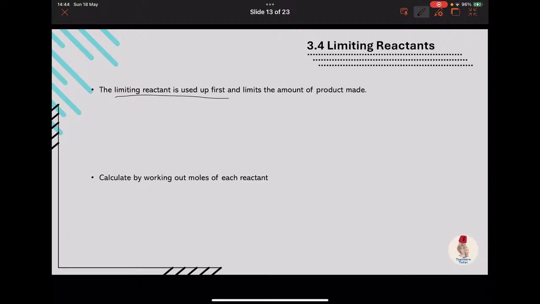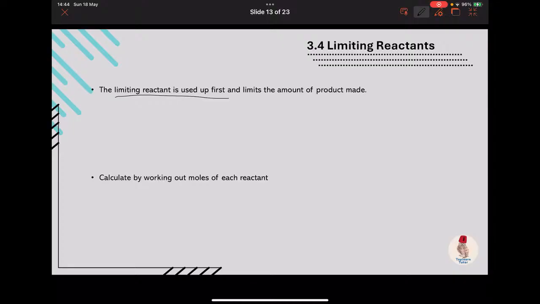Similarly, the limiting reactant is the one which is used up first and you have less of. So the way you work this out is by working out the number of moles of each reactant, and then you work out which one is less than you need from the stoichiometric relationship.